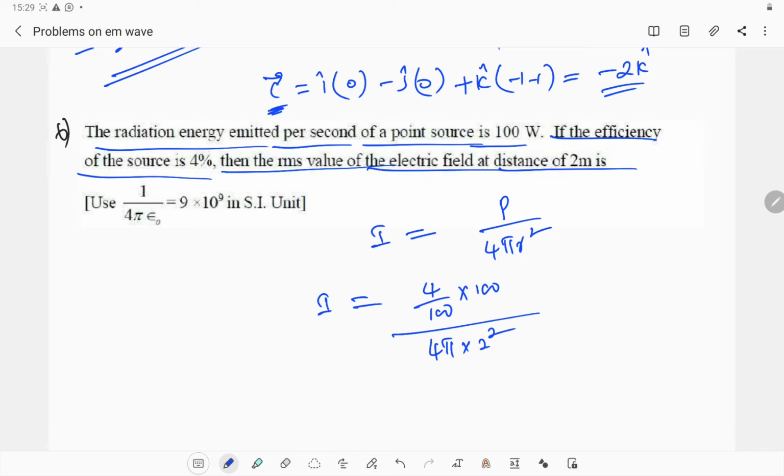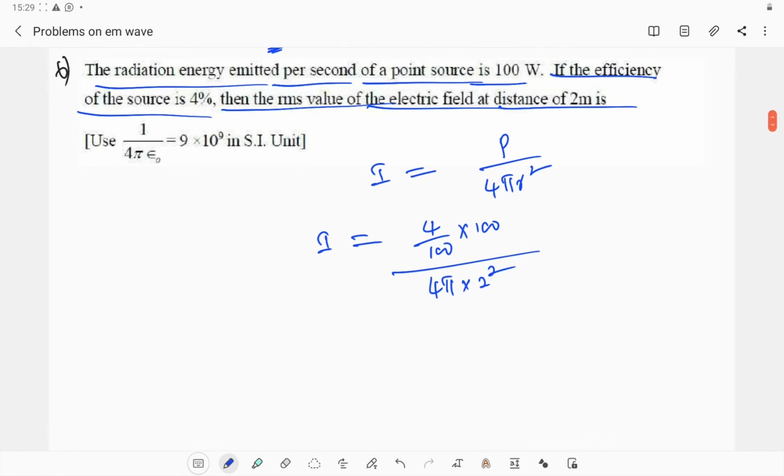But here intensity is given as radiation emitted. See, 100 cancel, here 4 cancel, this becomes 1 by 4 pi. But intensity here is 1 by 2 epsilon naught c E naught square, which is equal to 1 by 4 pi.